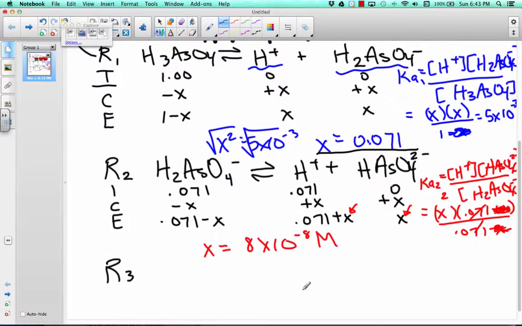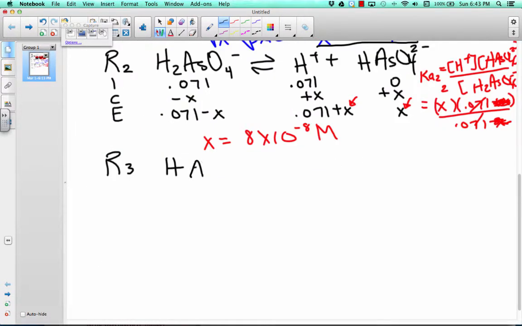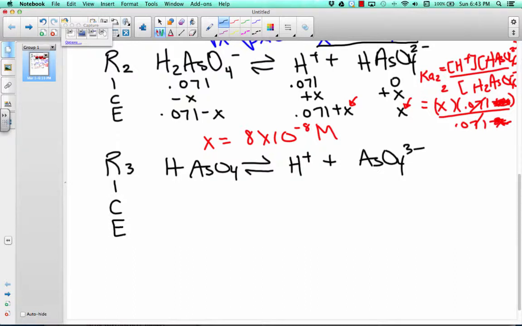So in my third reaction, we get the hydrogen arsenate, drop in the last hydrogen, and I get the arsenate ion with no hydrogens left. So my initial concentration of hydrogen arsenate is 8 times 10 to the minus 8 molar, whereas my hydrogen is building up. I have 0.071 plus X, and arsenate is none yet because they haven't been created.